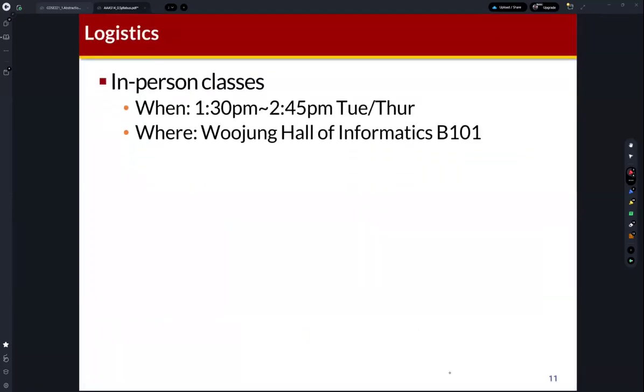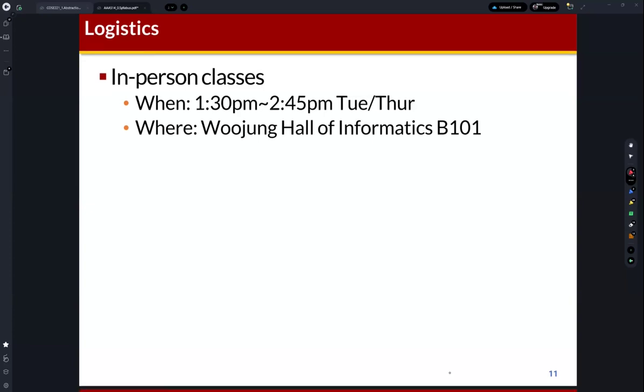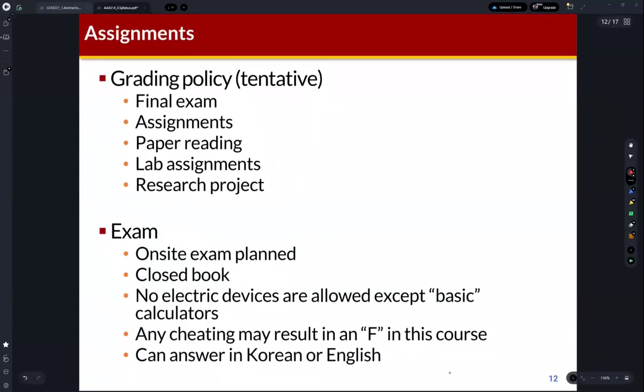So this is class time. We have two classes per week, 1:30 to 2:55. And then the grading policy. We will take one final exam. We will not take a midterm exam.